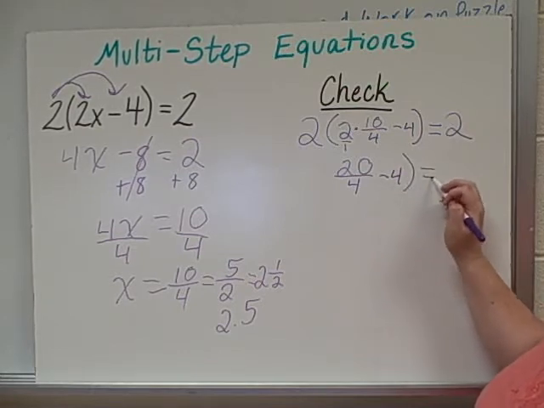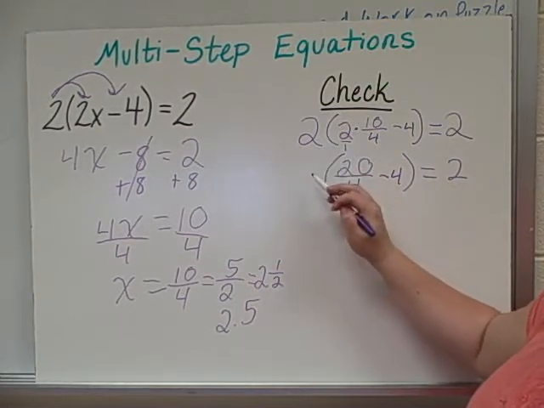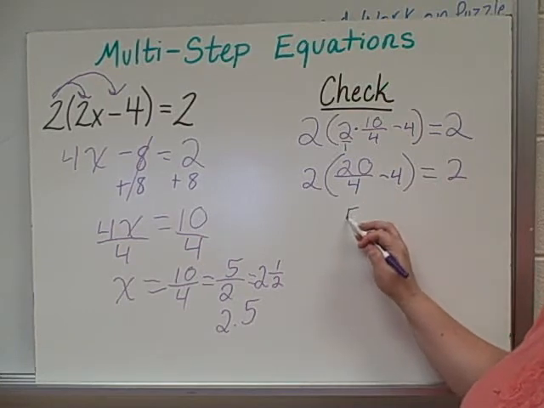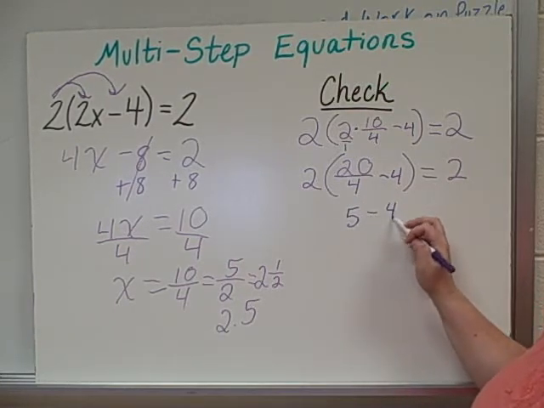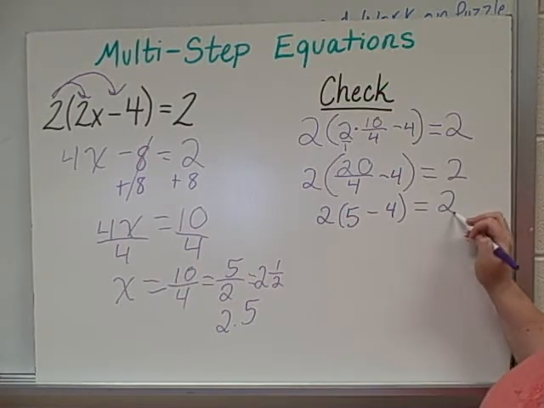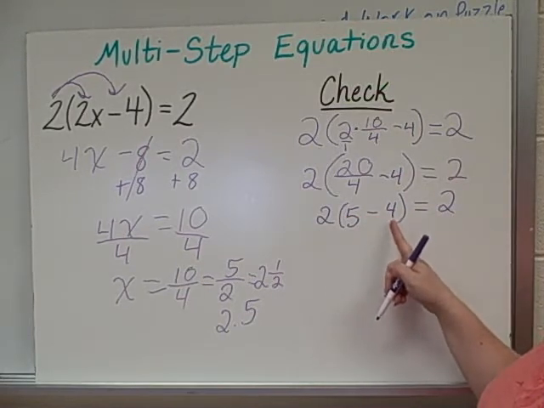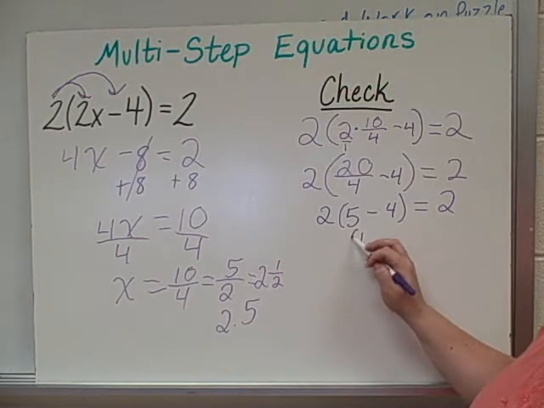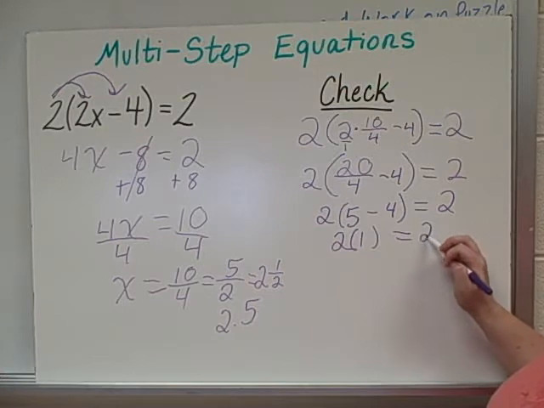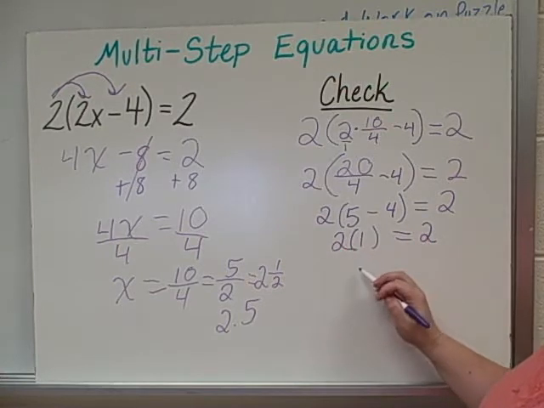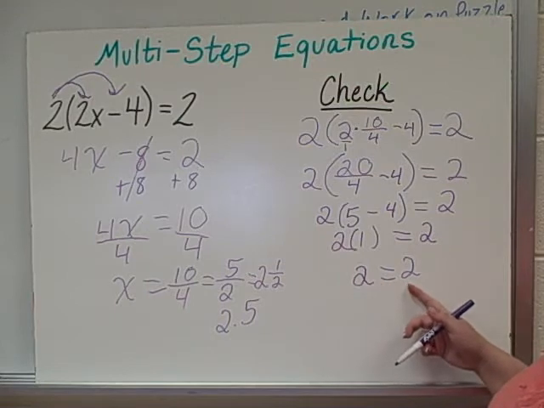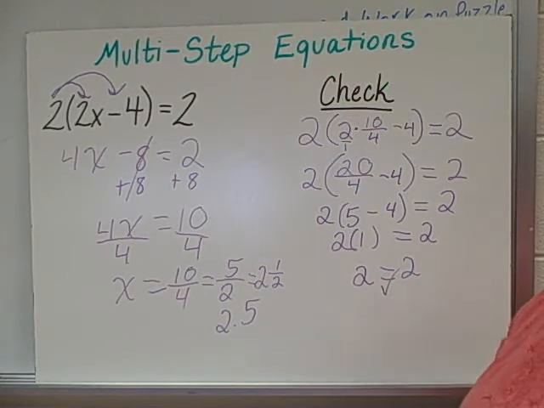And then rewrite the problem. Well, 20 divided by 4 is 5. 5 minus 4 is 1. Two times 1 is 2. Does 2 equal 2? Yes. So we're good to go.